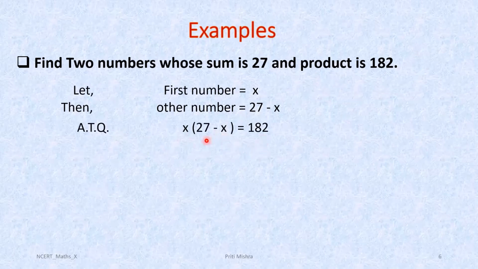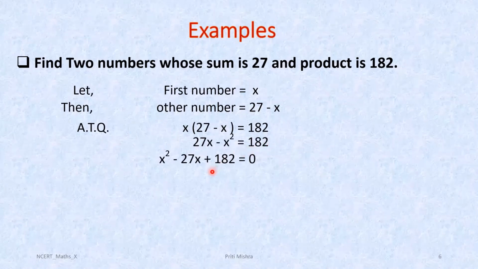Now we will simplify this by multiplying x to these two numbers. So it will be 27x minus x square is equal to 182. Now we will shift 182 to the left hand side. Then we will multiply the whole equation by minus 1, as here x square has a negative sign.